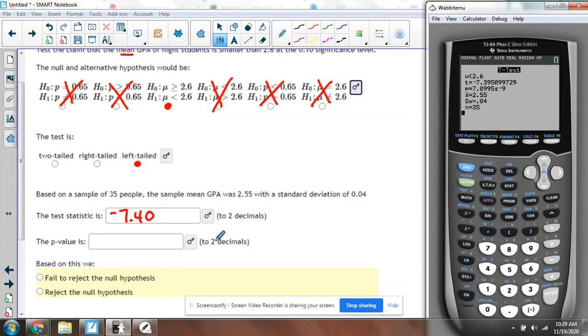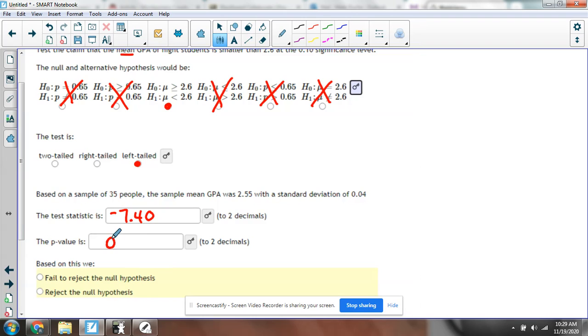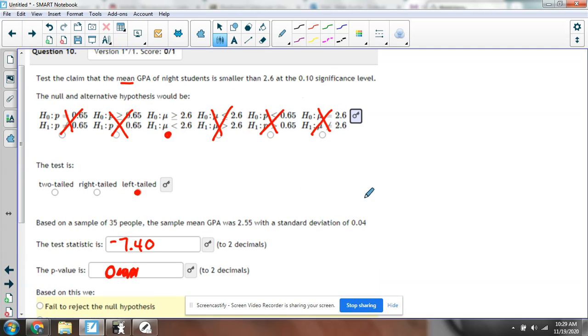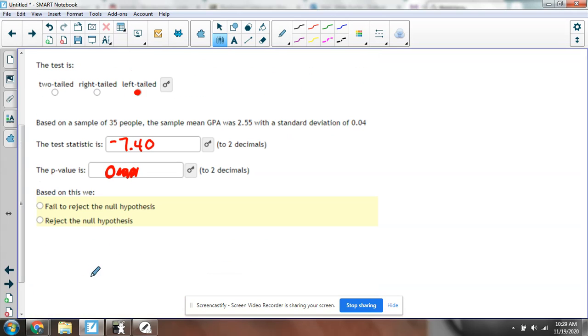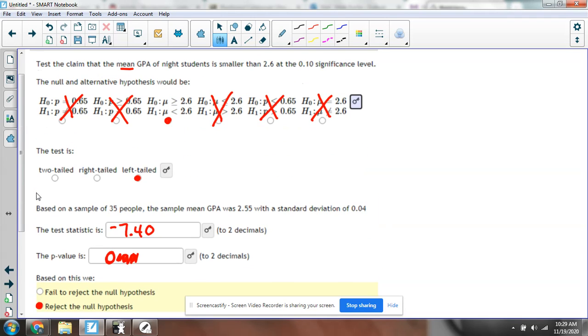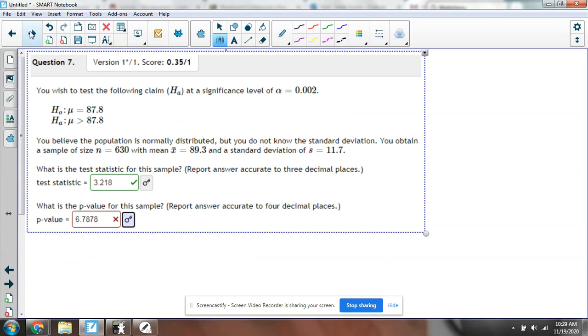Rounded to 2 decimal places, that's just 0. You don't have to write all the zeros, just 0. Basically, what happens is impossible, so it's definitely less than our significance level. We reject the null hypothesis. So there is sufficient evidence to show the alternative.